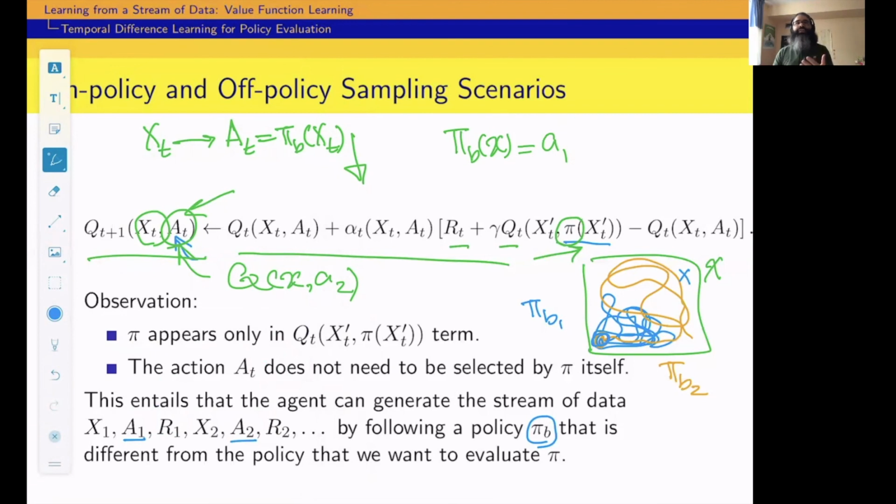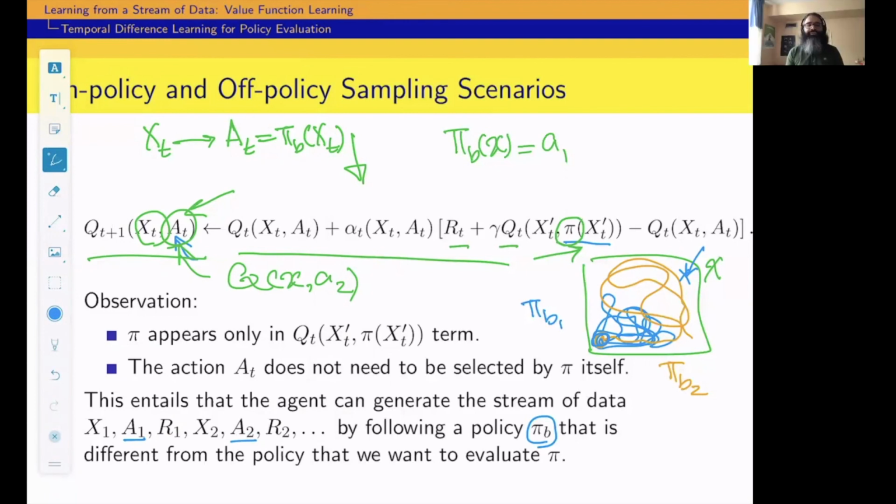So if it turns out that the agent happens to start from this point at the top, it doesn't know what to do, because its QT does not have good accuracy in those regions. I guess that's a good point.